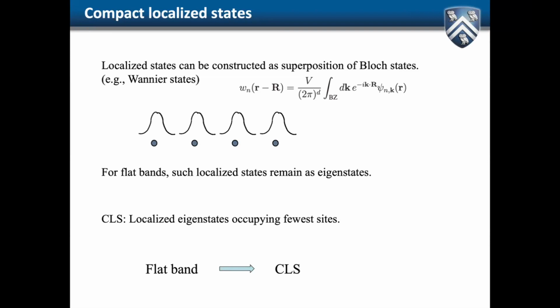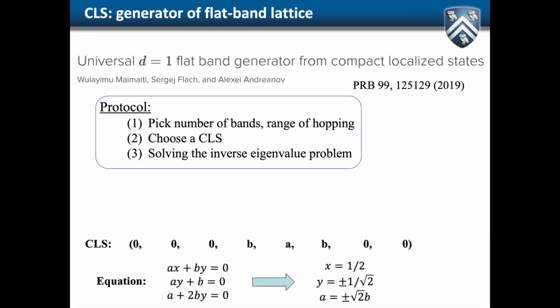There is a way to generate flatbands from the compact localized states. What you do is choose some arbitrary localized states and assume that they are the CLS, the compact localized states. Then try to find the parent Hamiltonian that makes these compact states eigenstates.